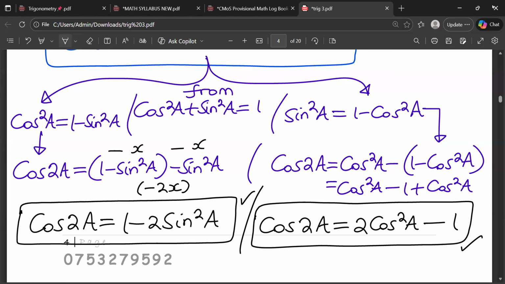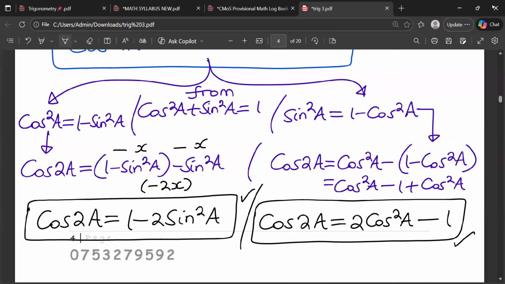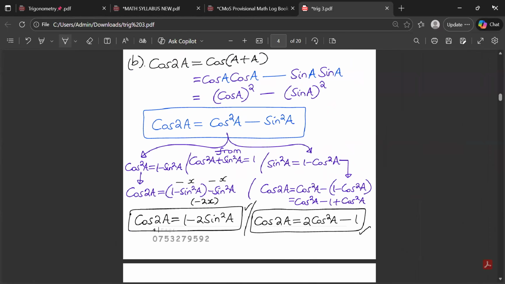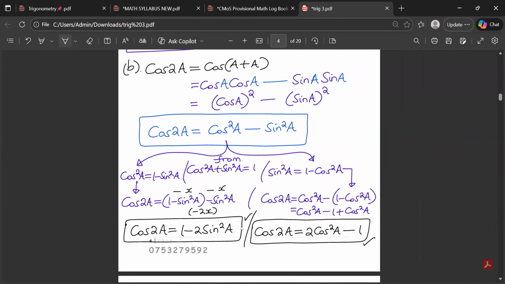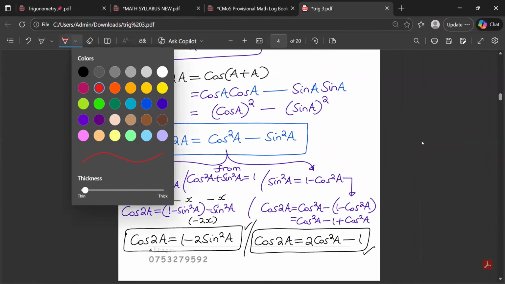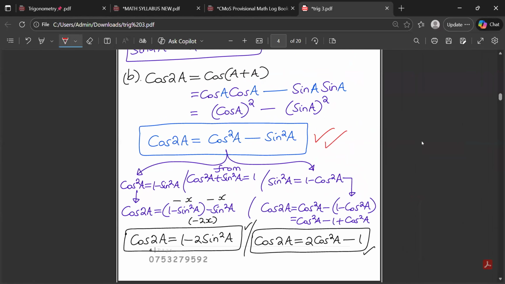Now, you listen. Before I tell you how you can try to reminisce them, you first tell me whether they are okay, whether the derivation is okay. Those last two. You said that the one we got first, the basic one, is okay. It's the one that we actually have here in our logbook.